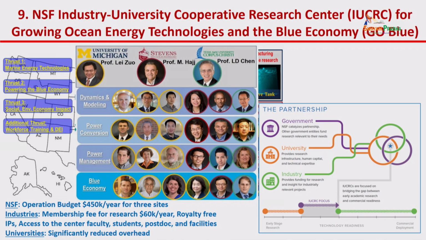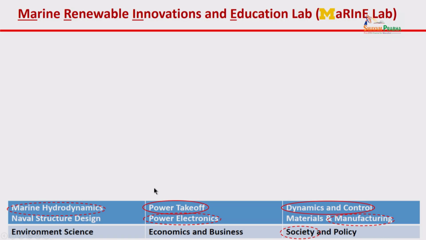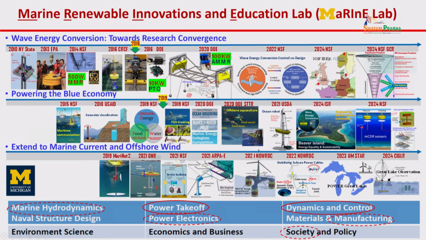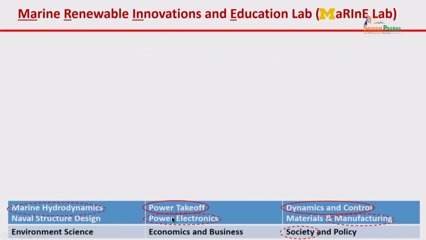We look into dynamics and modeling. We look into power converter and storage, power management, then how to work on the environment and society side to power the blue economy. So overall, wave energy is really multidisciplinary research, right?